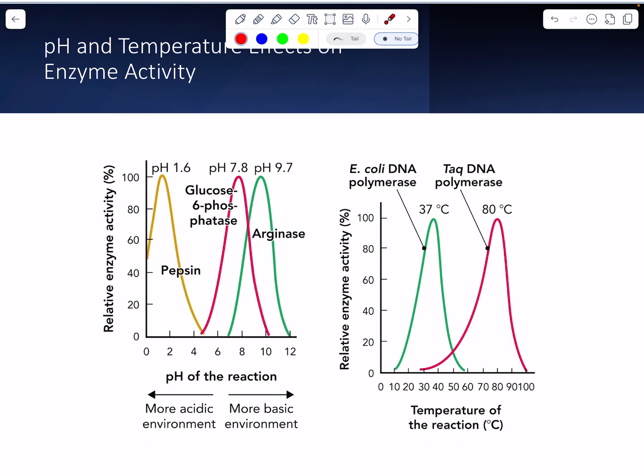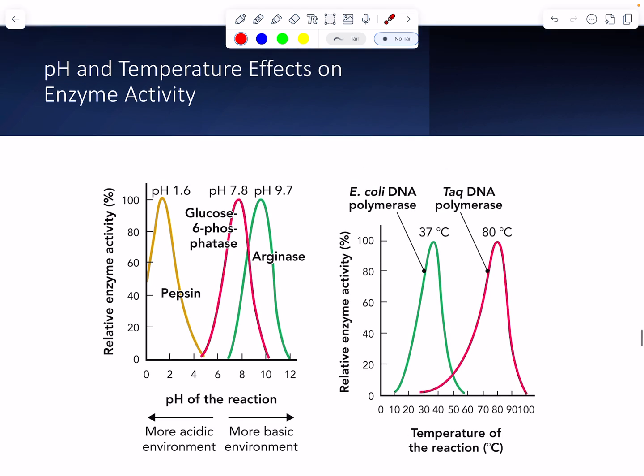Okay, so to put this in a little bit of context, let's combine the fact that we've looked at the steps that we need for catalytic mechanisms and substrate binding.